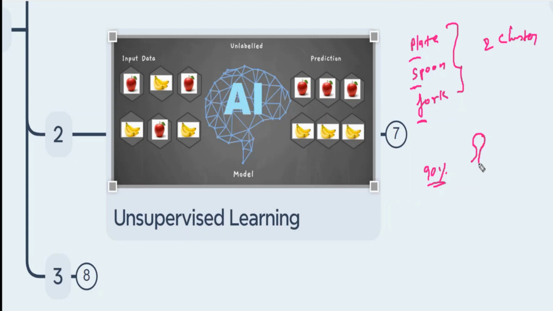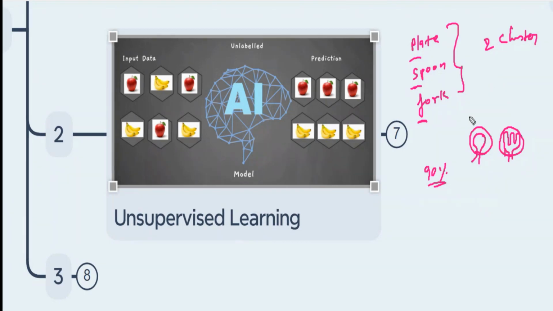In the spoon, the head portion is oval shaped, and in the fork, there are spikes. So there is a possibility that it detects the fork image also as a spoon image. It doesn't know the names or labels of those images. Simply it will categorize.